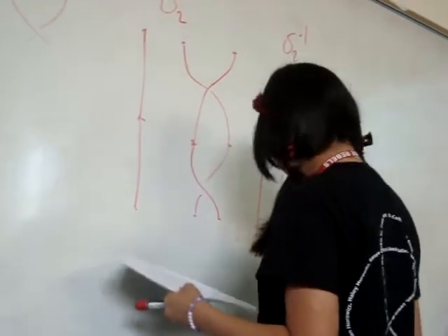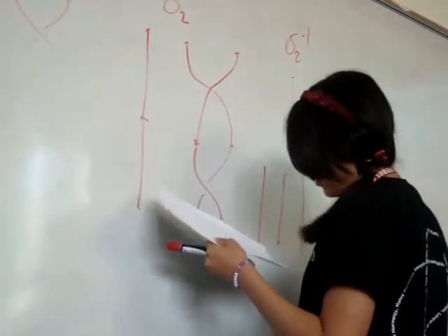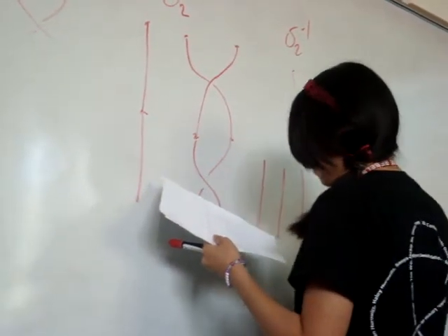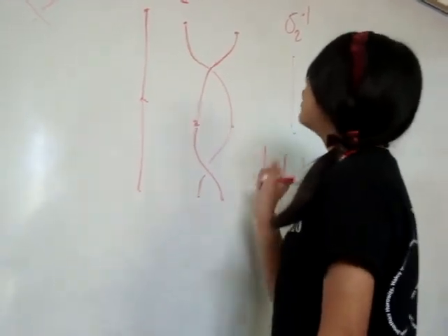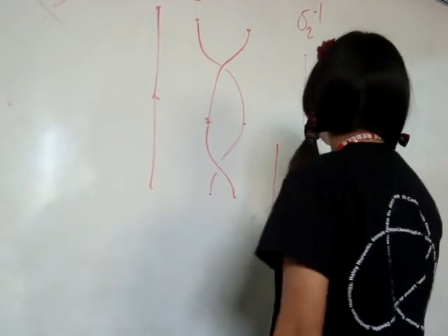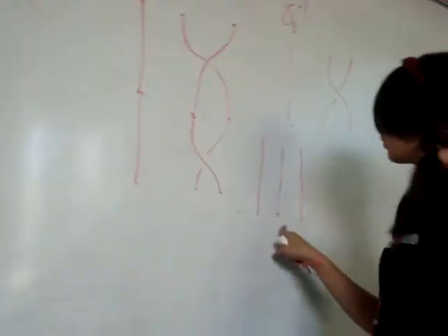Since every braid has an inverse, and every braid is made up of sigmas, you can undo each sigma by multiplying it by its inverse until we get 1, which is equal to the trivial braid.